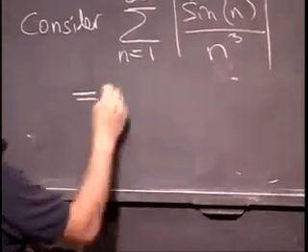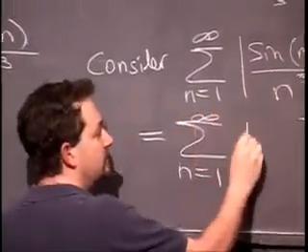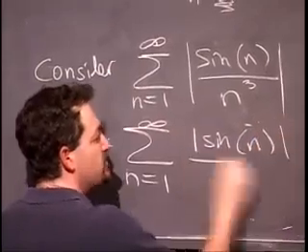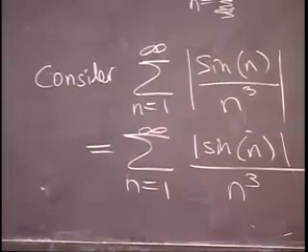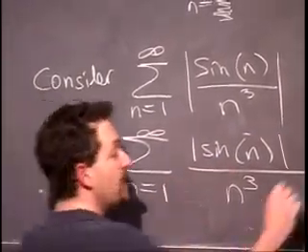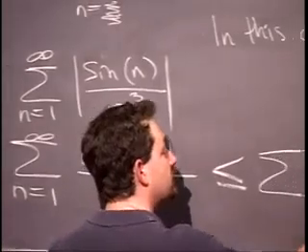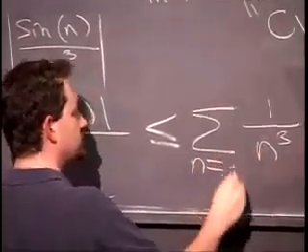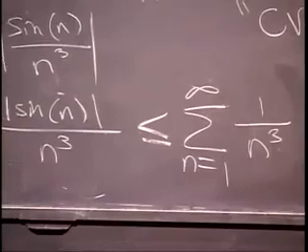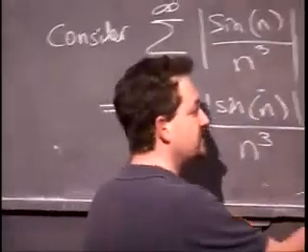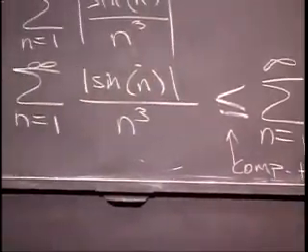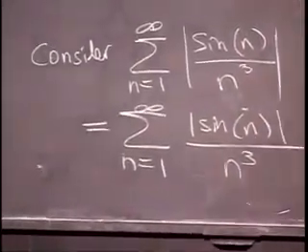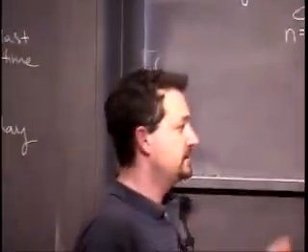Well, this clearly equals the absolute value of sine n over n cubed, because after all, n cubed is positive when n is positive. Sine n is less than or equal to 1. So we're going to use direct comparison with 1 over n cubed. And we're allowed to do this now because everything is positive. The comparison test needs everything to be positive. You cannot do the comparison test on the original series because sine n could be negative. It's not allowed. So in any case, this converges by the p-test.